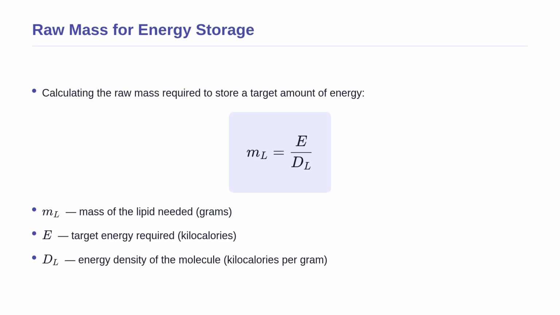The target energy is measured in kilocalories, and the energy density is measured in kilocalories per gram. If the energy density were lower, the required mass would naturally increase. For triacylglycerols, this raw mass will be the final mass, since they do not store water. Let us use this formula to compare fats and carbohydrates directly.